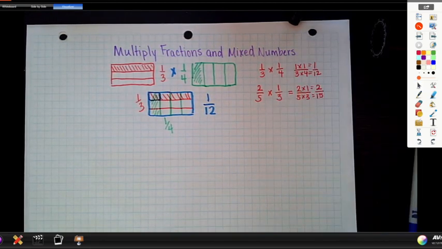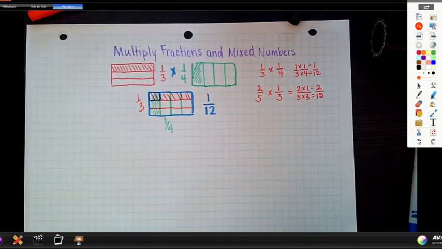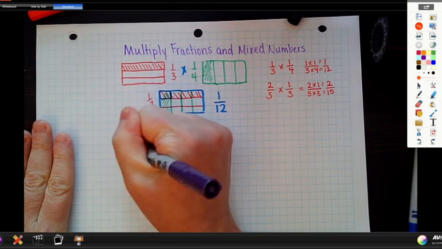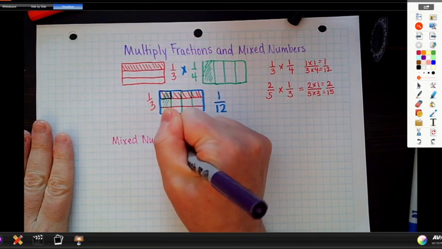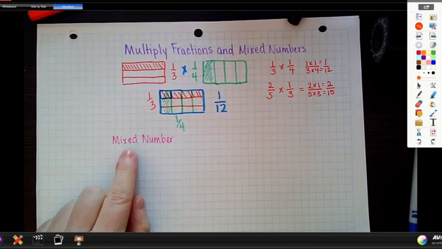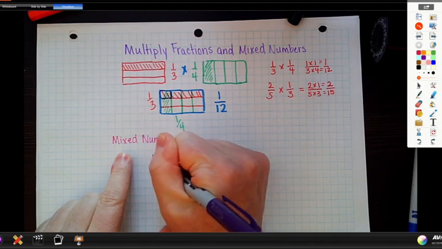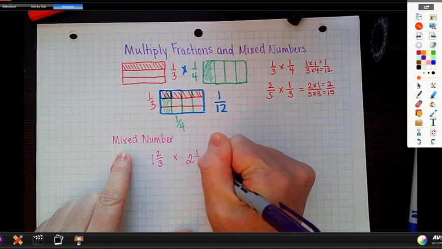Now, mixed numbers are a little trickier, so we're going to do a little bit of notes for mixed numbers. What happens when we have a mixed number? Okay, a mixed number, let's say we have 1 2/3, and we want to multiply that by 2 1/4.